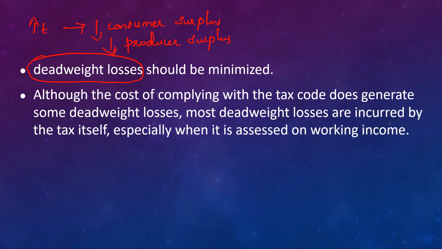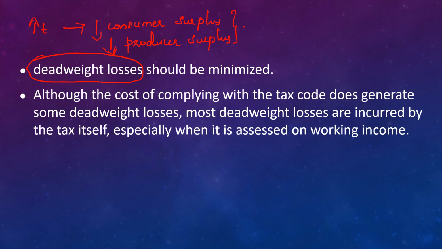Why is it reducing consumer surplus? Because the consumer has to pay a high price for the product because tax has increased. Again, how is it reducing the producer surplus? Producer will be getting a lower price for the product. The rest would be taxed by the government. So that will be reducing consumer surplus and producer surplus.